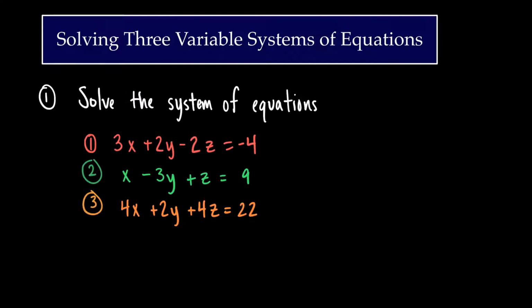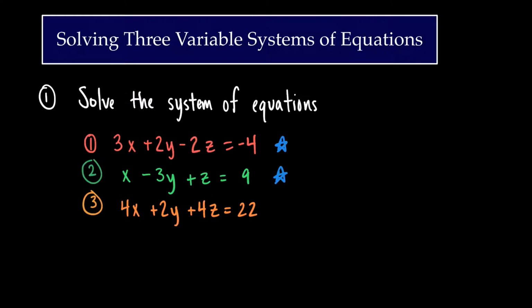And the general idea is we're going to pick a couple equations to work with. So I'm just going to show you right now. At first, I'm going to take the red and the green equations. I've starred them. We're going to put those two equations together and get rid of one of the variables.